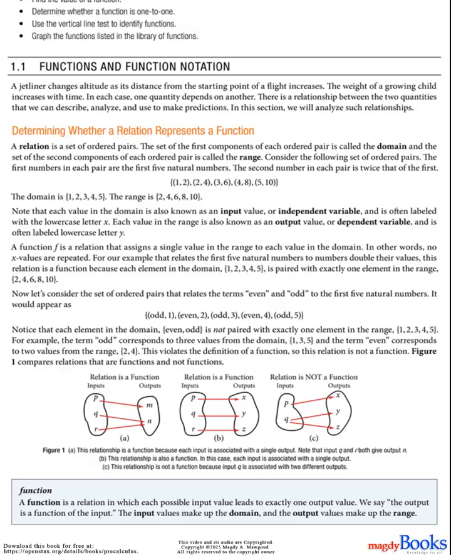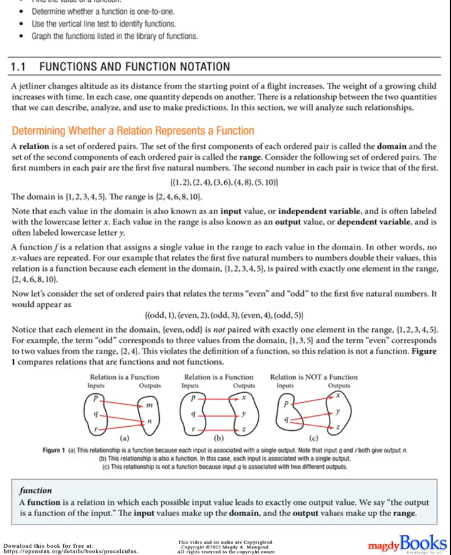The second number in each pair is twice that of the first. (1, 2), (2, 4), (3, 6), (4, 8), (5, 10). The domain is {1, 2, 3, 4, 5}. The range is {2, 4, 6, 8, 10}.